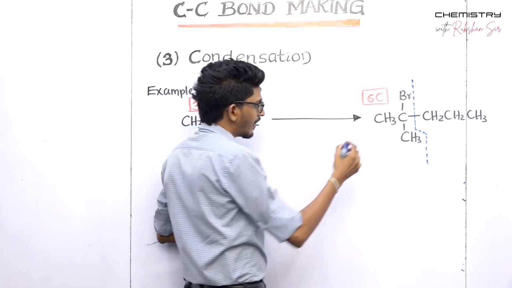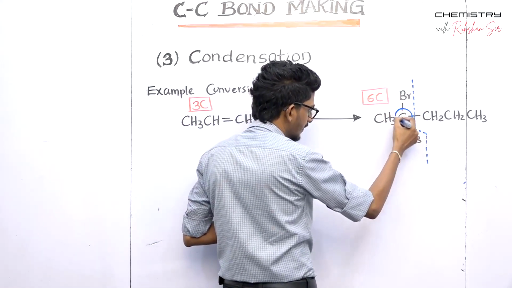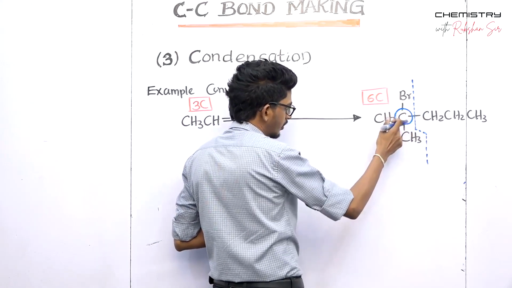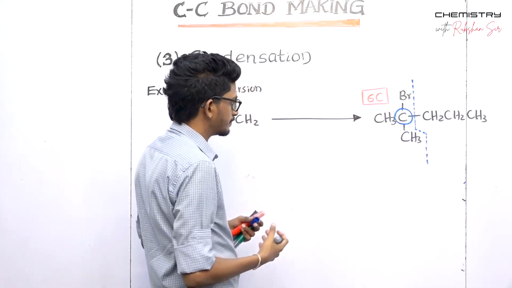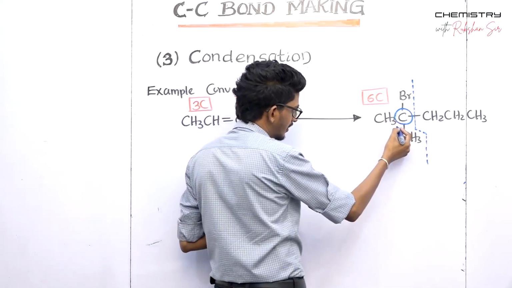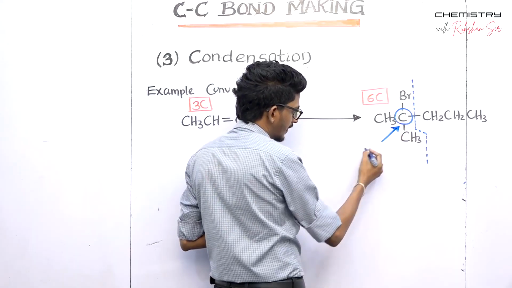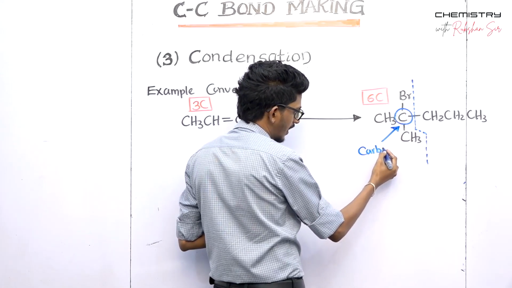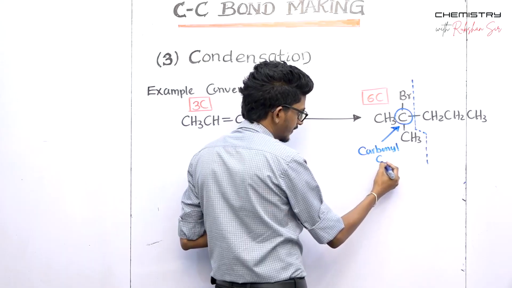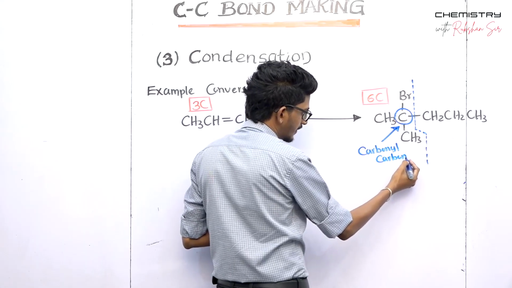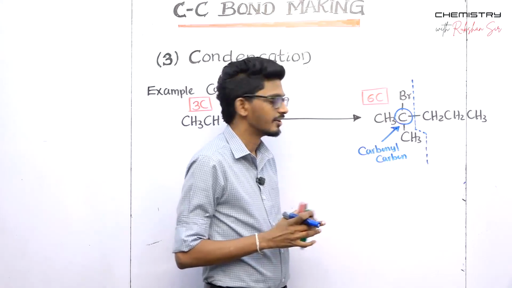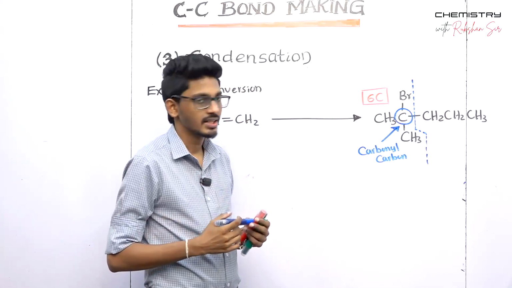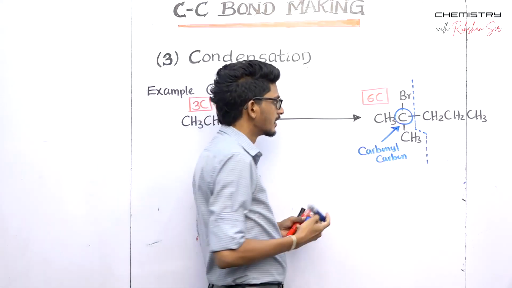And one carbon, this carbon or the other carbon, is going to be a carbonyl carbon, and the other carbon is going to be your alpha carbon. That is how the connectivity is done.